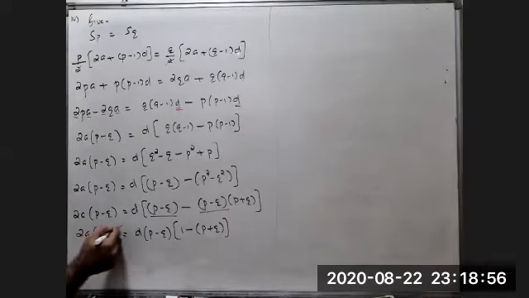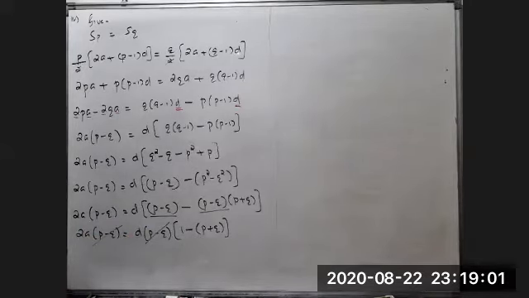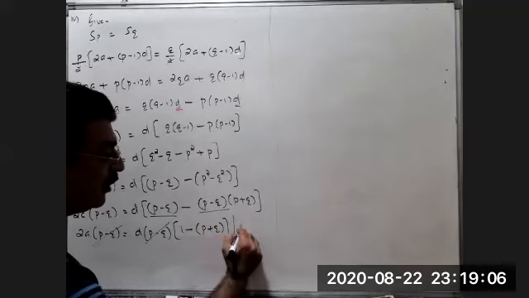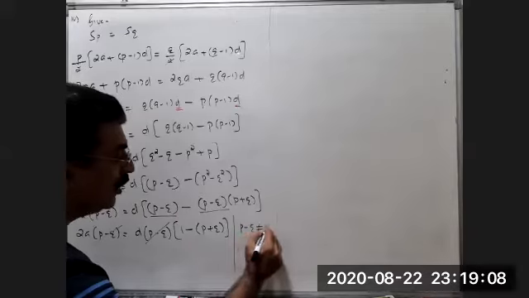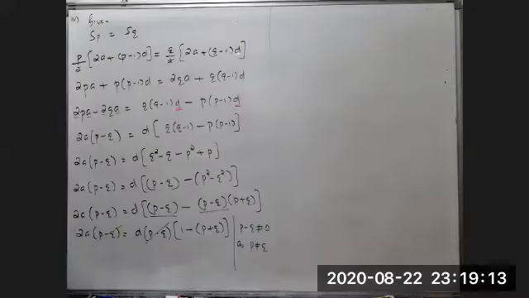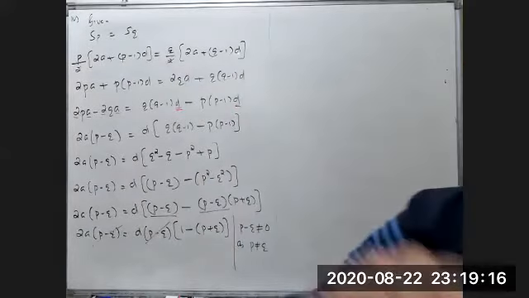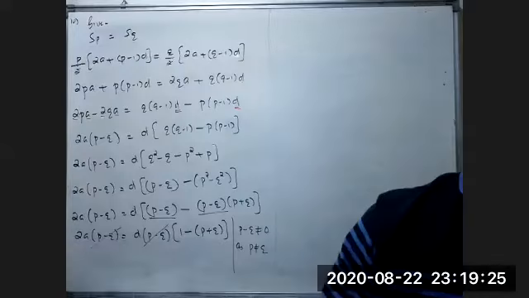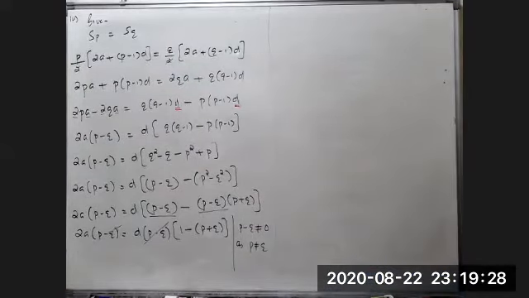You can see this P minus Q always cancels. P minus Q can be cancelled, a common factor, but mention it is not 0 as P is not equal to Q. We cancel P minus Q from both sides because it is not 0.